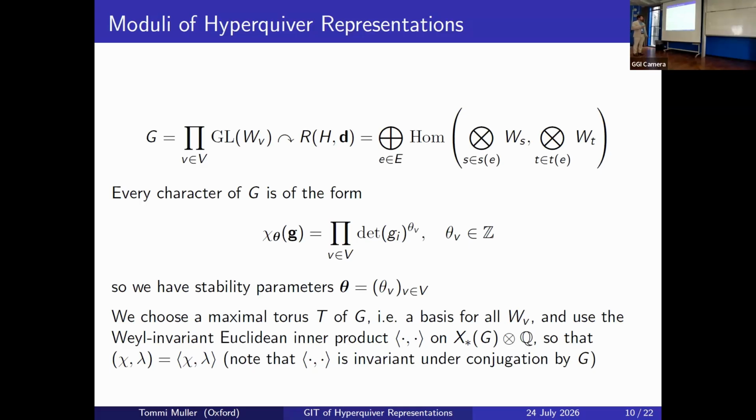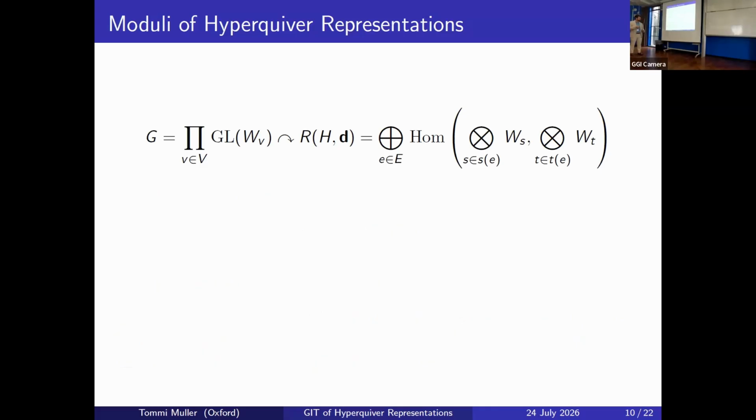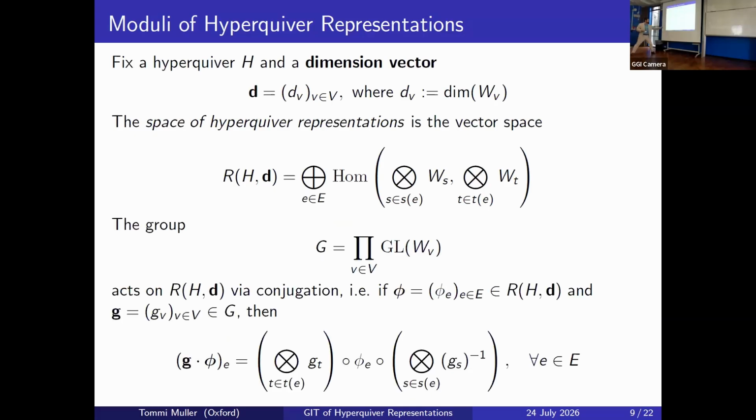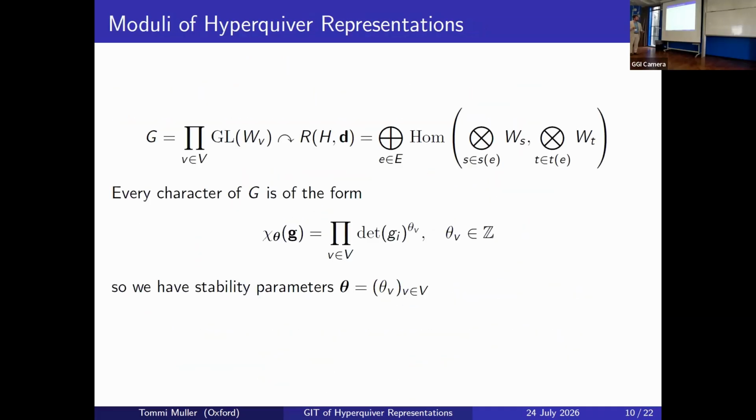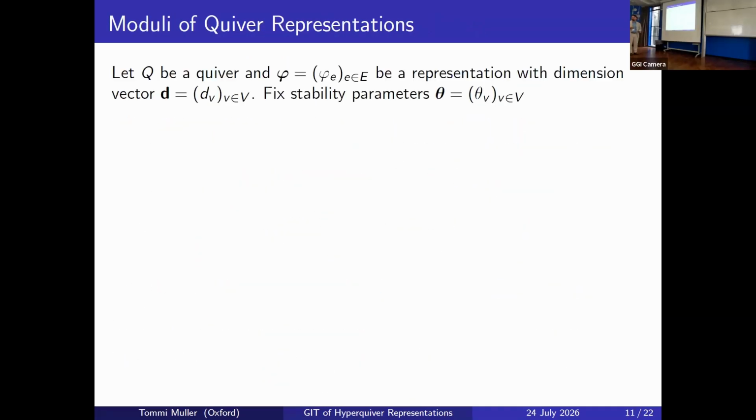So it's source to target, and then you still have a group of GLs acting, but again, without tensor products. For now we're just looking at quiver representations and seeing how things play out.